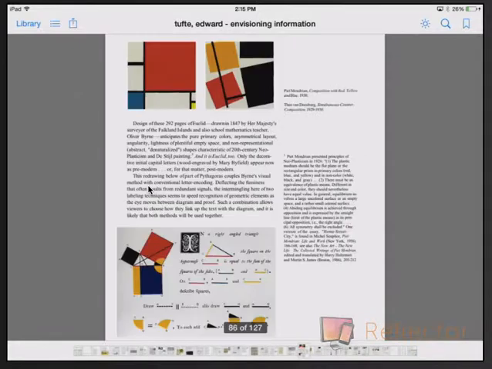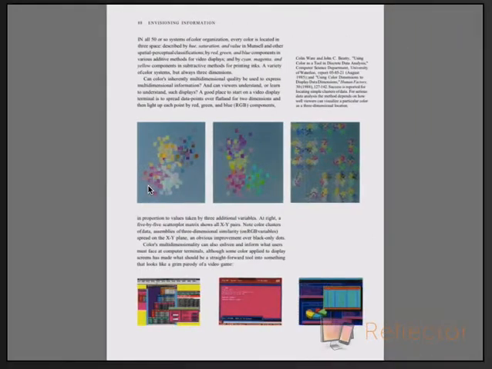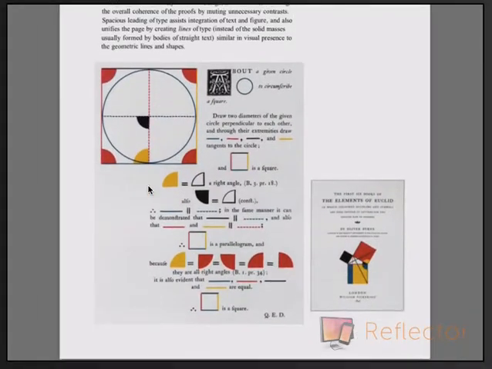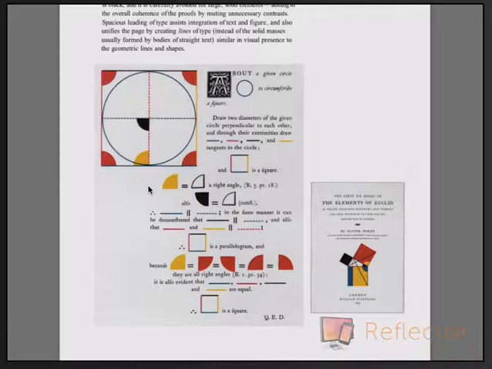Tufte talked about the use of color in information and how overwhelming it can be. However, color can be used strategically to quickly convey information, like in this elementary geometry textbook. With the ability to use color, you can quickly identify the angles and say something like, because this yellow angle is a right angle, then you know that each of the red angles on the exterior are also going to be 90 degrees.